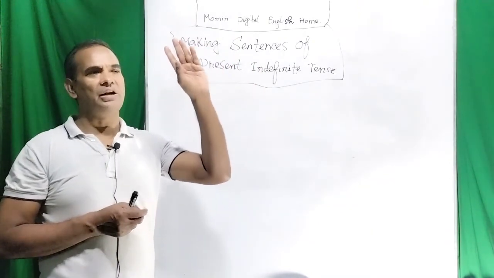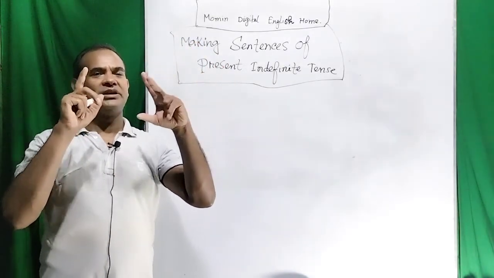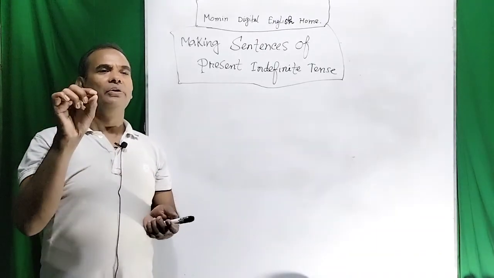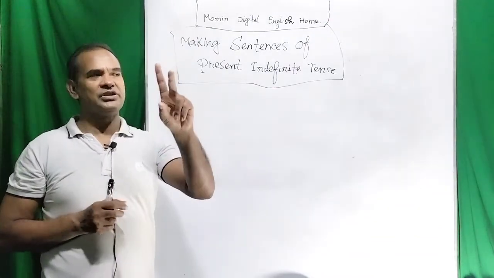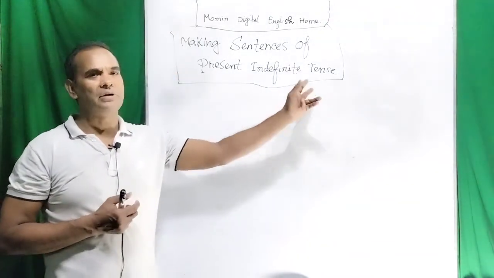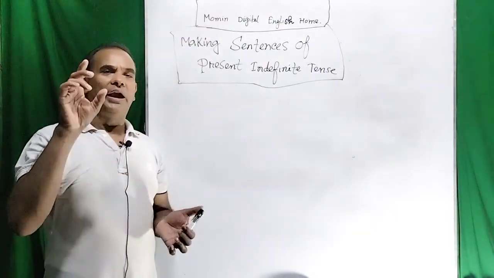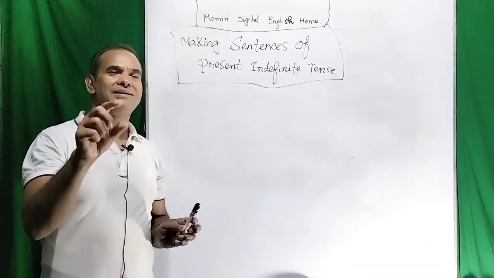First of all, we generally want to tell the assertive sentence, and the assertive sentence is also divided into two parts. First, the affirmative sentence, and secondly the negative sentence. But I am now going to tell you about the affirmative sentence. And in the affirmative sentence, we should use a subject.